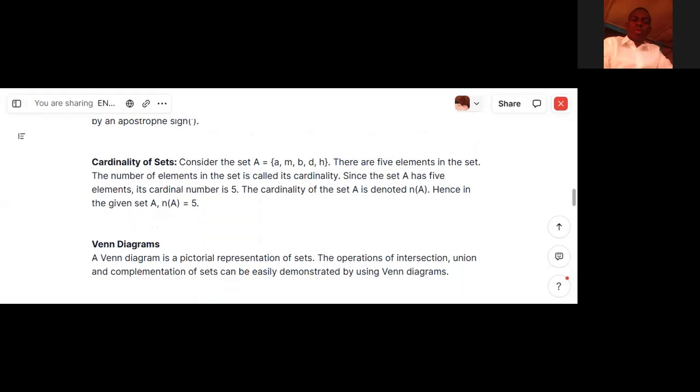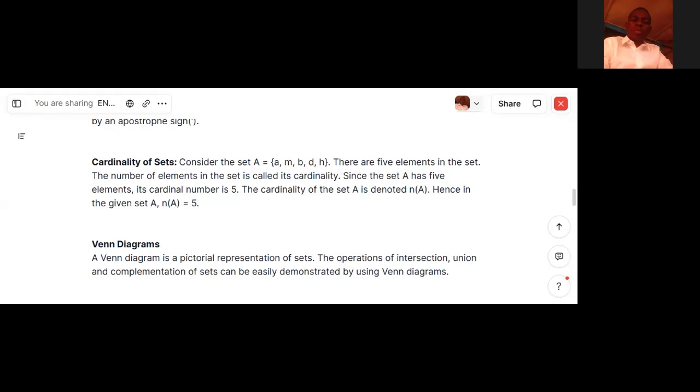This class is supposed to run 40 minutes because of the basic package for this platform. The class is running out. Quickly, cardinality is denoted by an N.